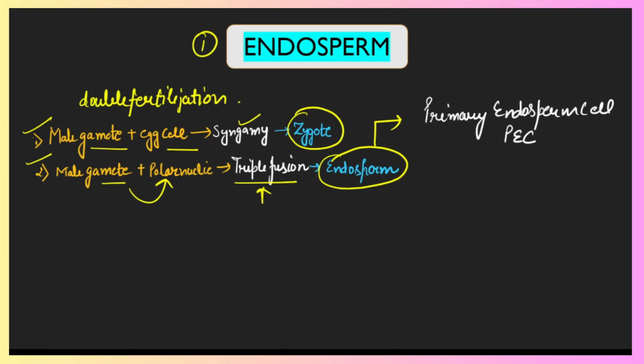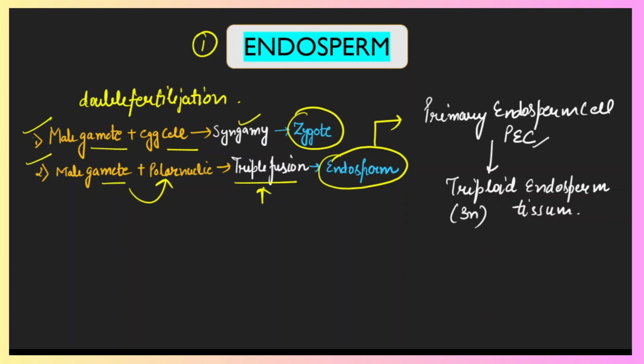Now the PEC will rapidly divide and form the triploid endosperm tissue. The primary endosperm cell will rapidly divide and form the triploid, because its ploidy is 3n. This cell develops into the triploid endosperm tissues.